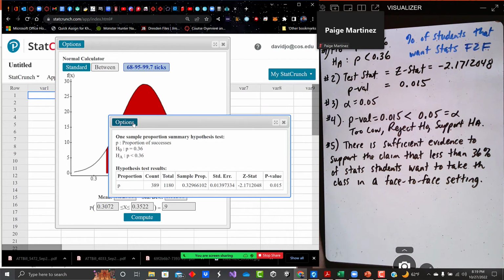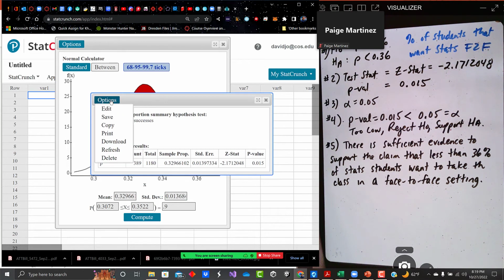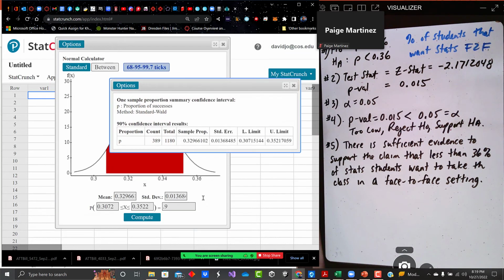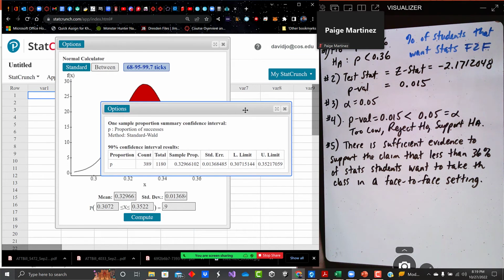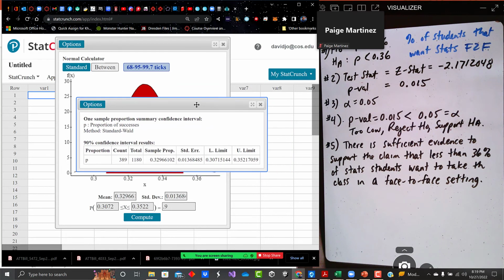And to compare this to the confidence interval, I'm going to go back and edit this test and just click on confidence interval. It is a one-sided test, so we're doing 1 minus 2 times alpha, or 90%. And see the lower limit and upper limit? 0.30715 and 0.35217.